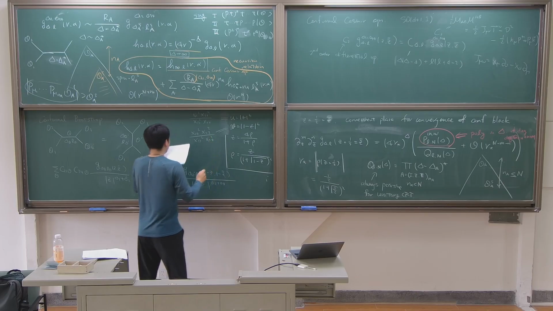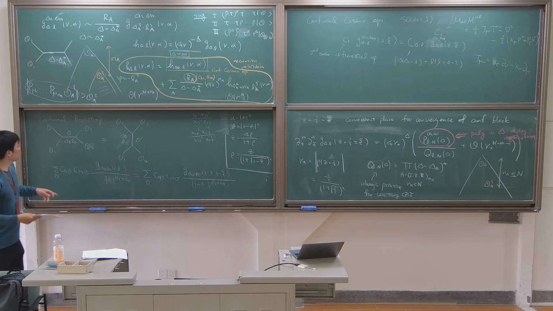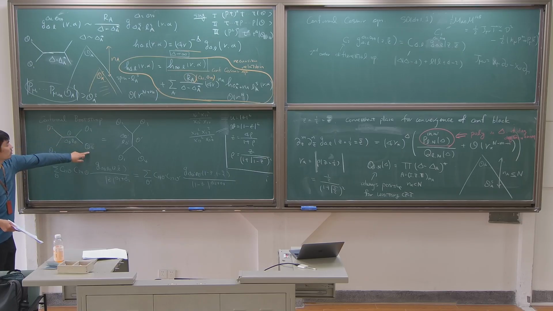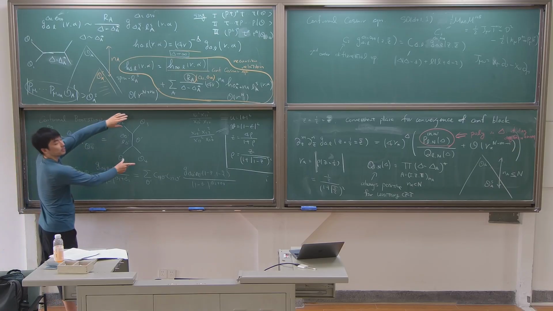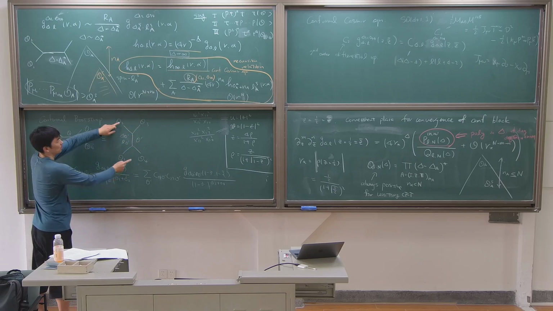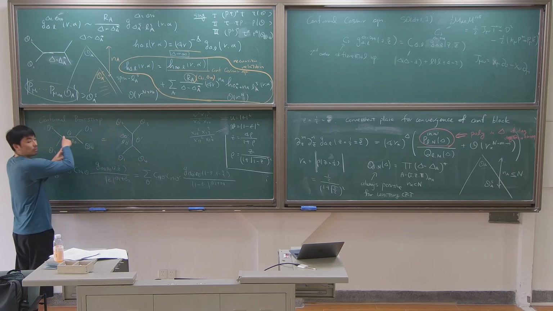So if you exchange 2 and 4, you bring it to this case, and if you exchange 2 and 4 again, you go back to this case.